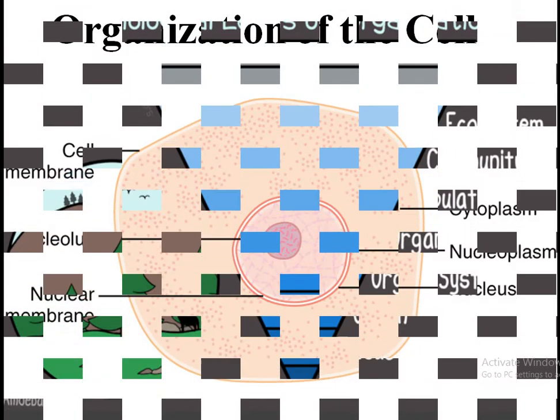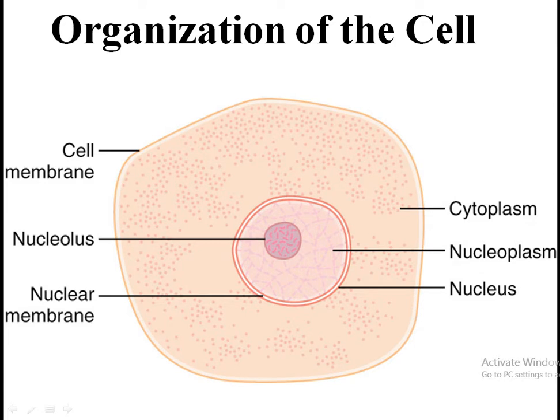The basic structure of life, that is the cell, has different organelles in it which are embedded in the water-like substance which is called the cytoplasm. The cell is bounded by the cell membrane, and in the cytoplasm different cell organelles are present.